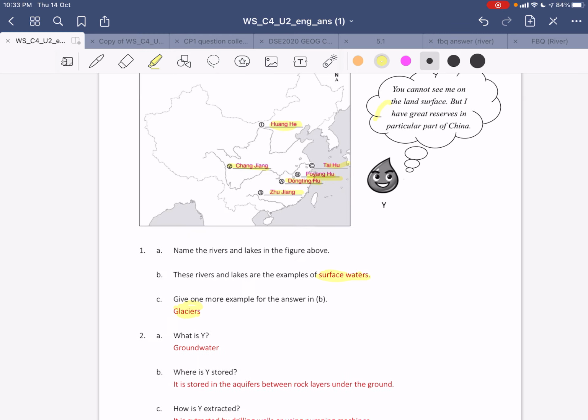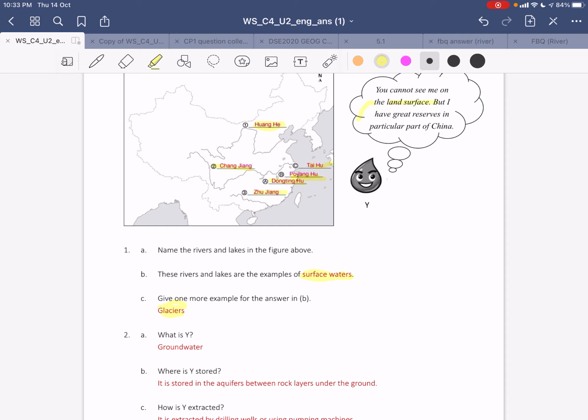What about the other kind? It is not on the land surface and it has a great reserve in particular parts of China, so it should be groundwater, because you cannot see it on the land surface. It is stored in the aquifer, the permeable water layer between the rock layers under the ground.